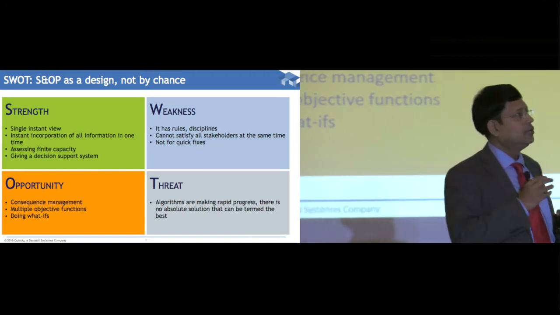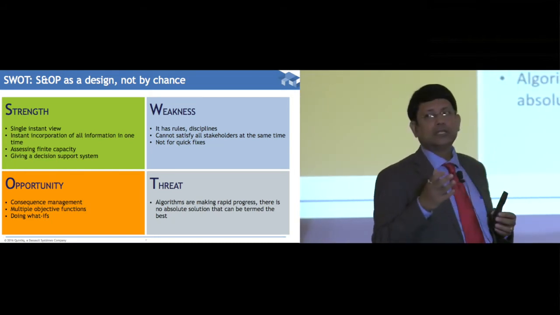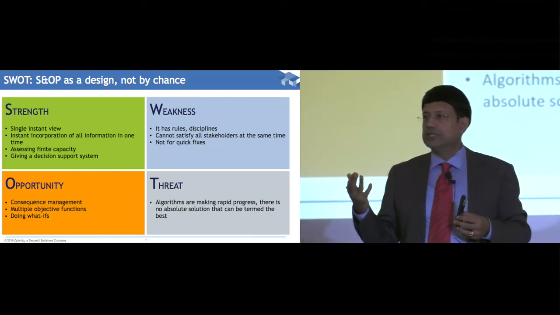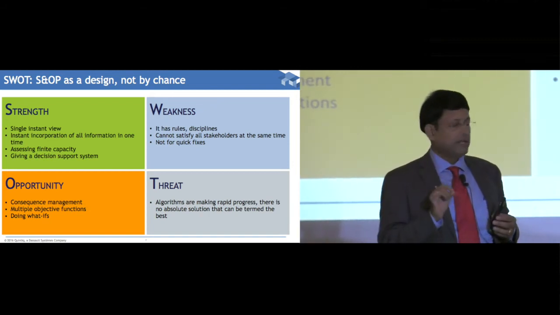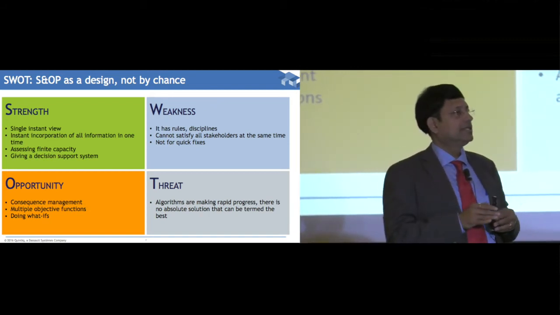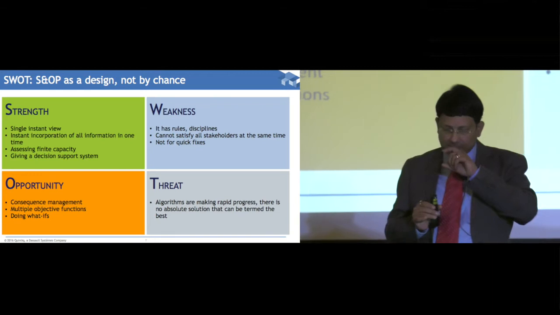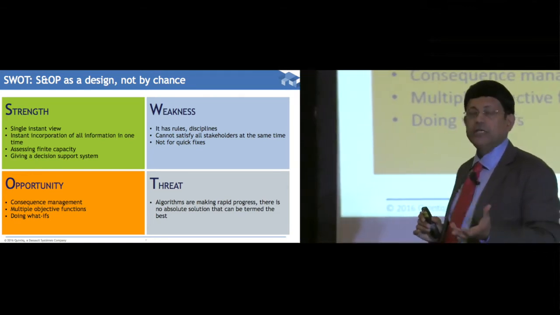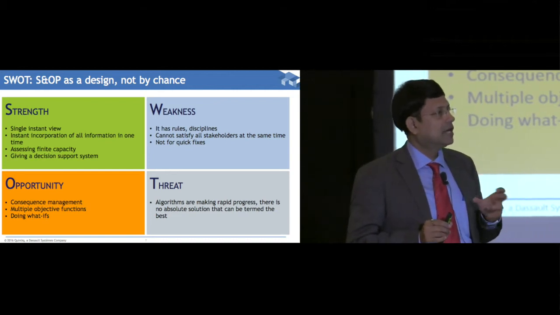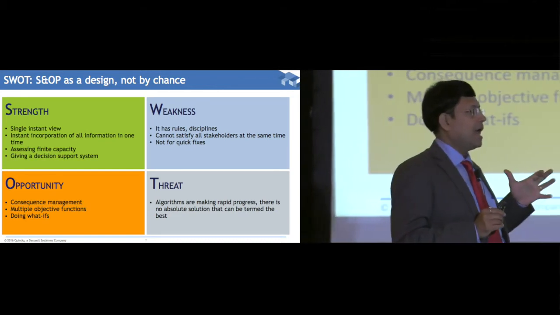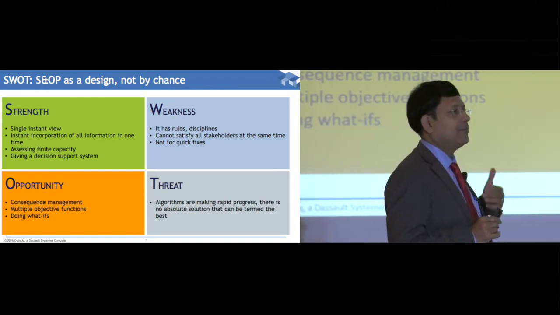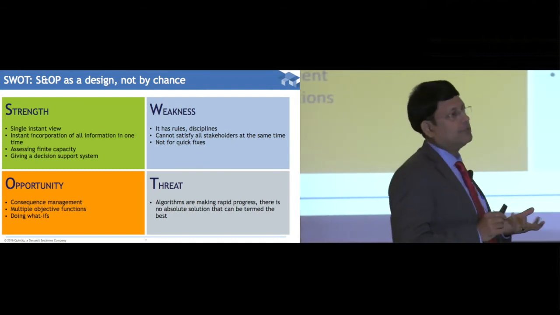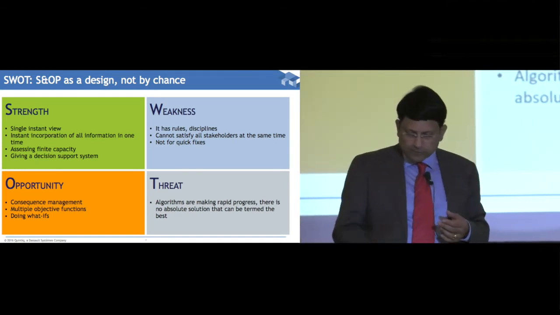And that's the way you can deal with these different stakeholders and their demands. So you cannot have quick fixes. You cannot satisfy all the stakeholders. These are certain weaknesses. And on the other hand, of course, the threat is that in a changing world, the algorithms are changing very fast. And so continuous upgradation, of course, remains something which we have to deal with.